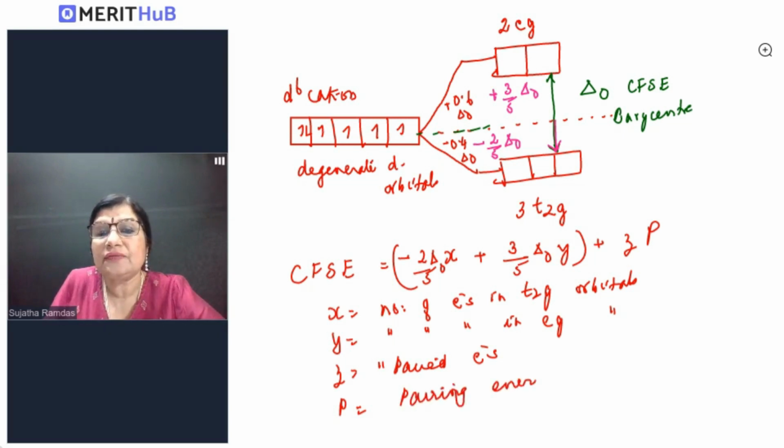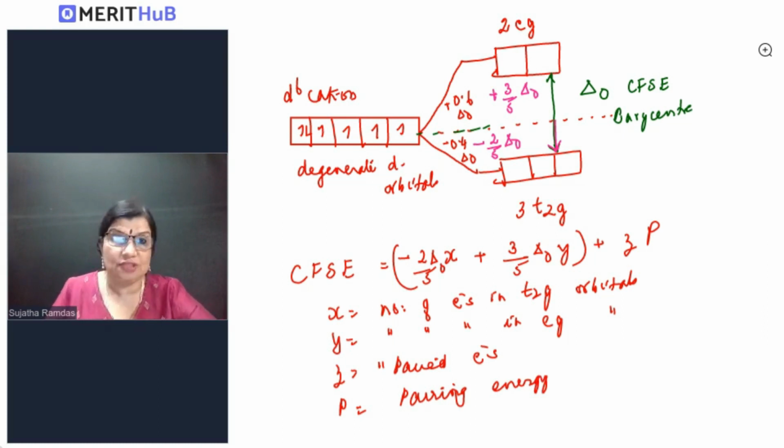We already discussed what the pairing energy was. So these are the details of this formula.